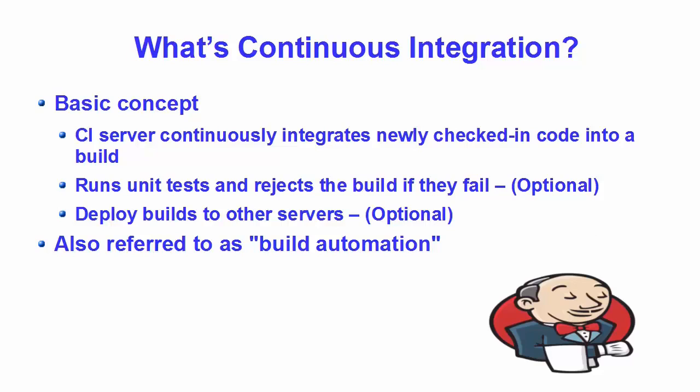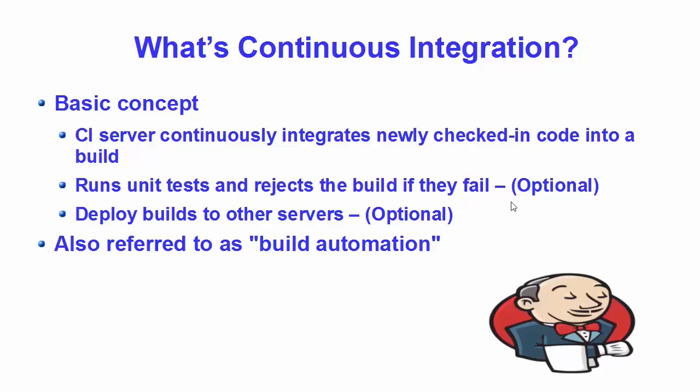So Jenkins detects those changes using the version control system and performs some tasks on them, for example building, testing, integration testing, or deploying those builds, and so on. You can see in the second step of continuous integration, I have written that it runs unit tests and rejects the build if they fail.